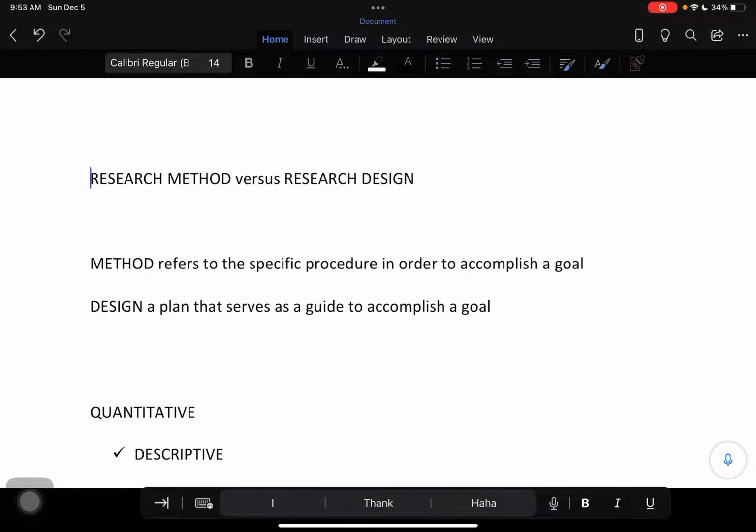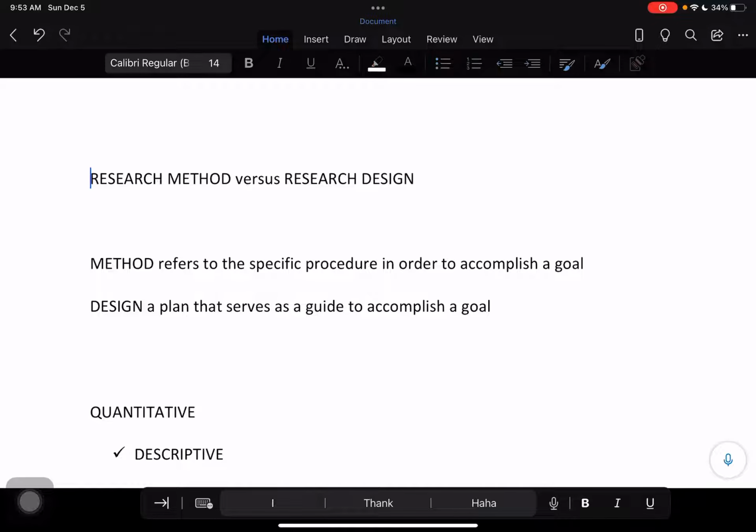So starting off with the definition of method, this refers to a specific procedure in order to accomplish a goal. Okay? This particular procedure is already accepted by a community, specifically the research community, meaning this has not only been proven but also used by researchers and scientists alike.